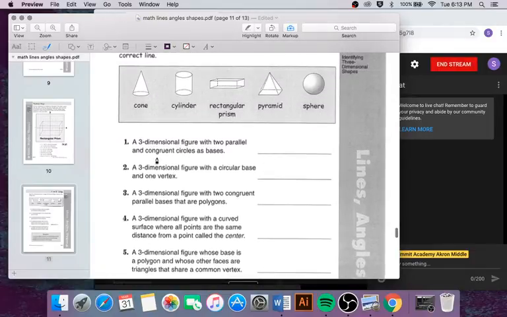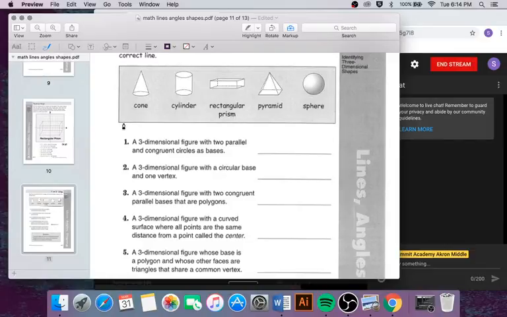So our first one says a 3-dimensional figure, which means it's not flat. And it has 2 parallel and congruent circles as bases. So the first thing we're going to look for is ones that have circles. So a cone has a circle, cylinder has a circle, and a sphere is a circle. So we're looking for parallel and congruent circles.